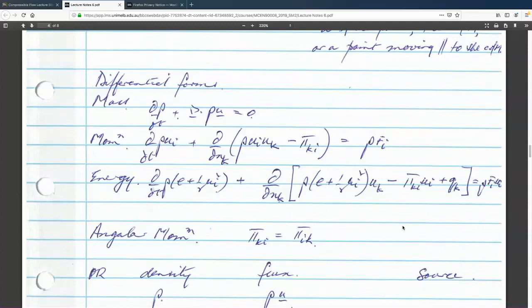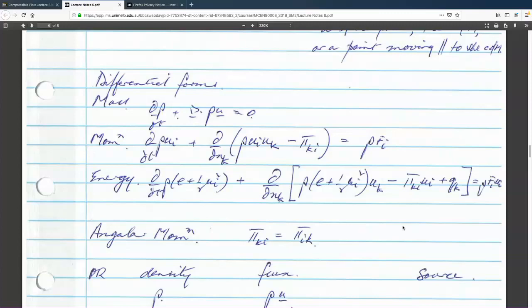Mass is d rho dt plus the divergence of rho u is equal to naught. Momentum is d dt of rho u_i plus d dx_k of rho u_i u_k minus pi_ki equals rho f_i. And the energy: d dt of rho (e plus a half u_i squared), and here I've written it because I've not changed the e to the enthalpy, because I've kept the pi_ki and not reduced it with the pressure.